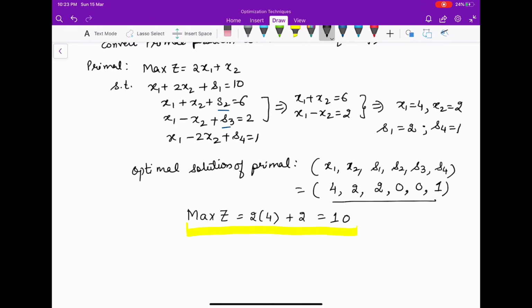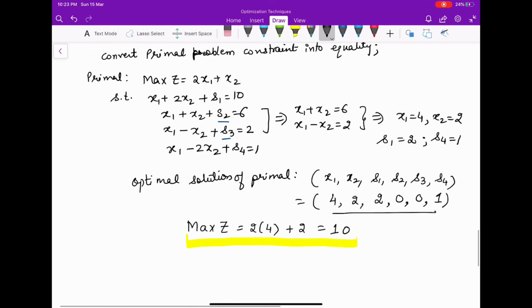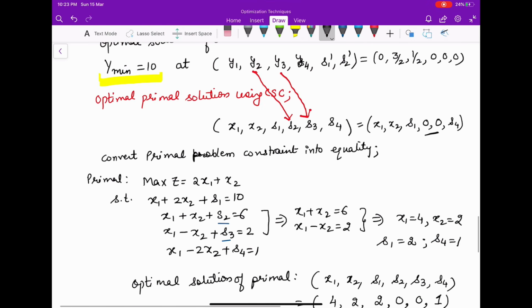So the only thing that I need to remind you again is that the complementary slackness condition works only for the basic variable. If the slack variable in either system is 0, that means the corresponding original variable in the other problem vanishes. And if the original variable appears in the basis, then the corresponding slack variable in the opposite system is 0.